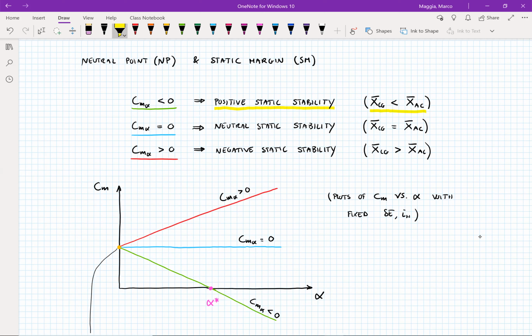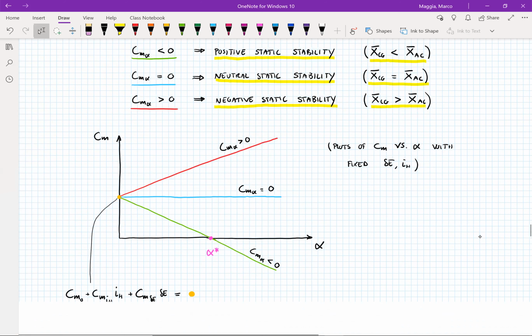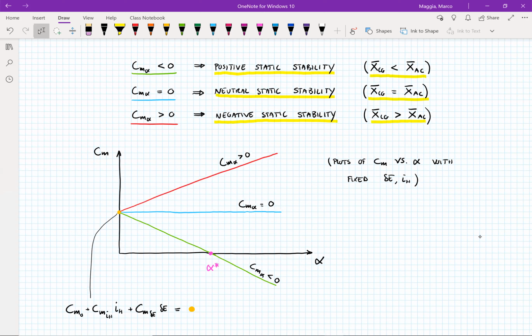If the two points coincide, then we have the so-called neutral static stability. Whereas if the center of gravity is behind the aerodynamic center, so it's more towards the tail, then we have negative static stability, or instability.